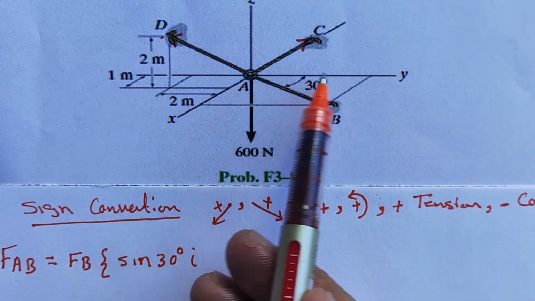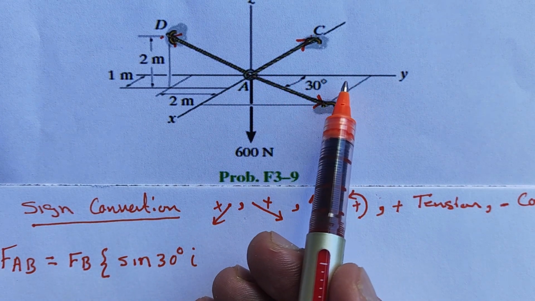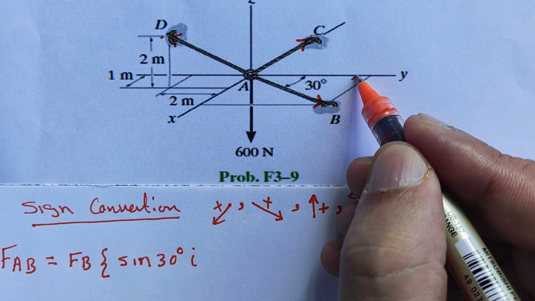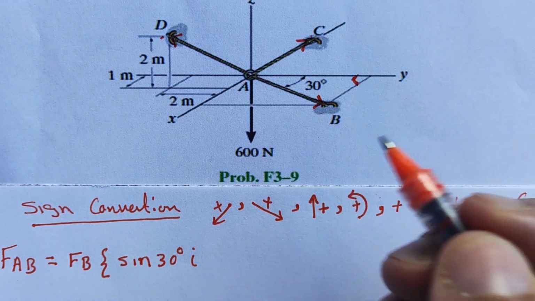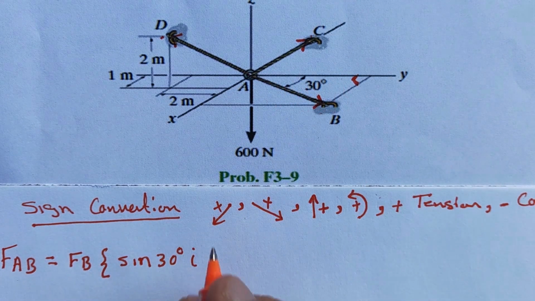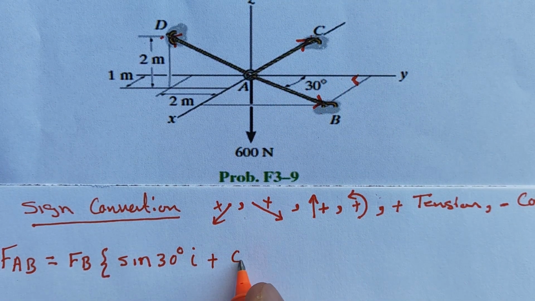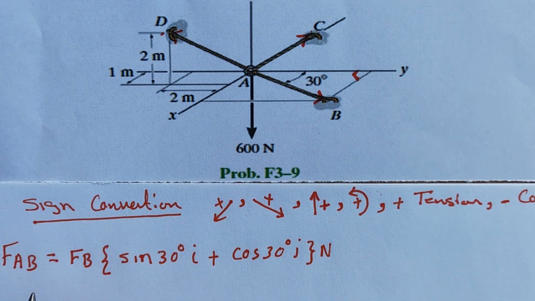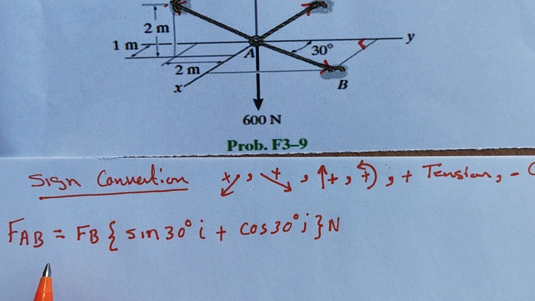For the y direction, because this is a right angle triangle, this is the adjacent side, which is cos 30, so plus cos 30 degrees j. That is for FAB.